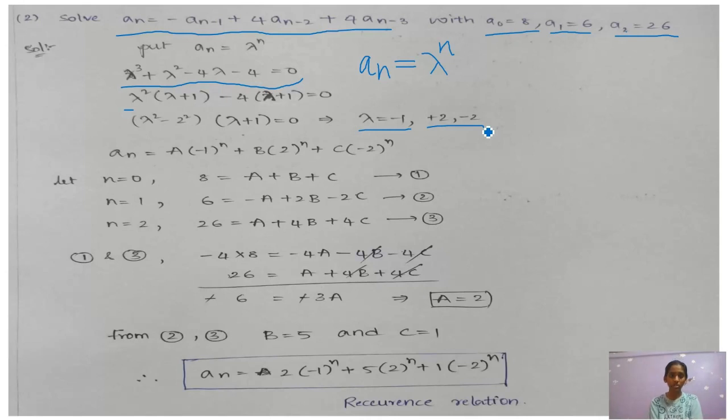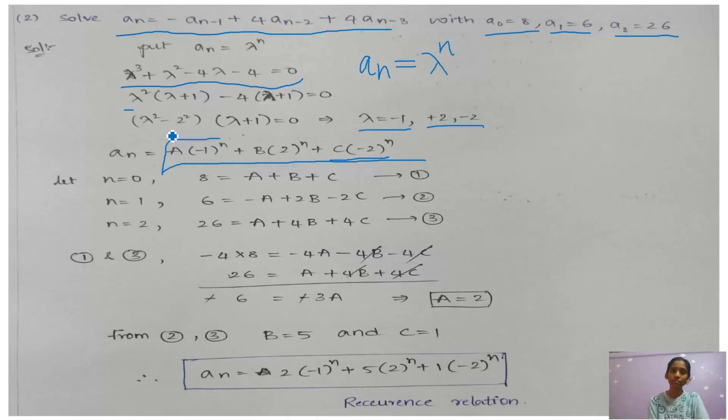So in this scenario, we'll be taking the final recurrence relation equation as an is equal to a into, this is lambda 1, and the multiplication of b, this is lambda 2, and this is lambda 3. So we'll be substituting lambda 1, 2 and 3. We got the equation as this. So here we have to find a, b and c.